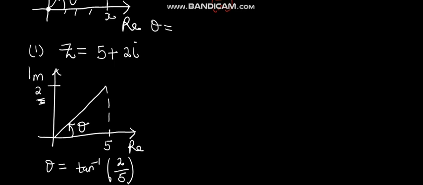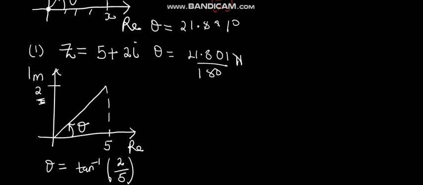So theta is 21.801 in degrees. We need the argument in terms of radians. So theta is equal to 21.801 out of 180 pi.